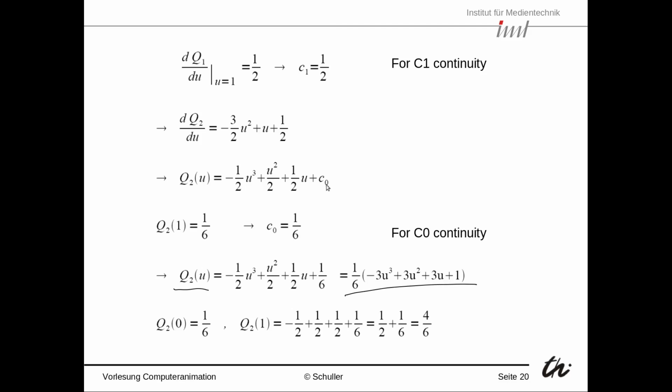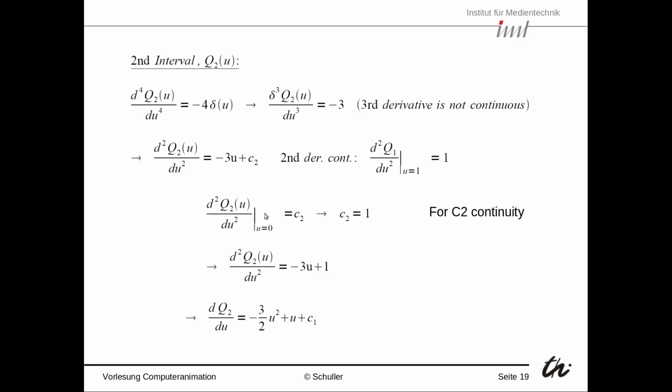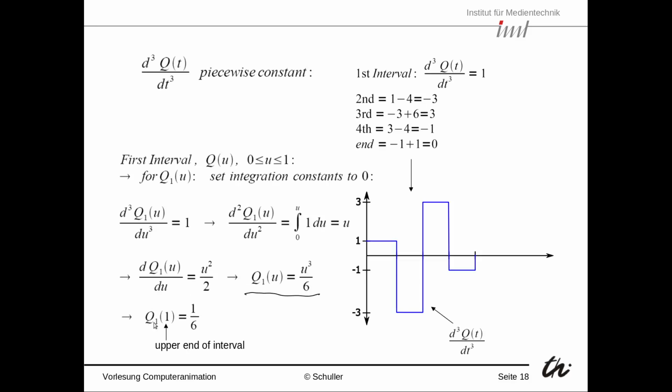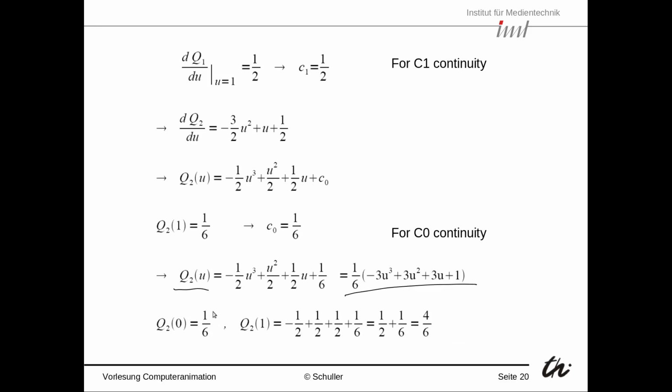And now we need to make sure that the function value itself of this second interval at the lower end and of the first interval at the upper end are the same. So we saw that the first interval at value 1 is 1/6, and this should be 1 here, and that means C0 is 1/6.